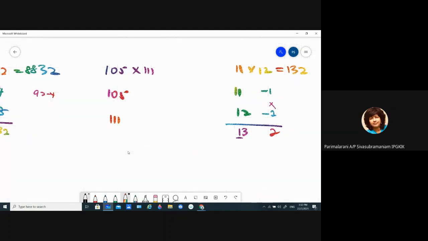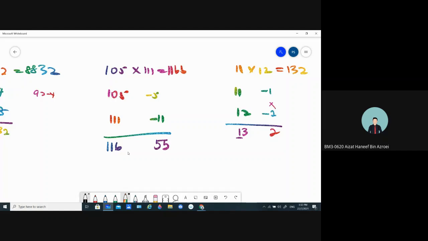Same method we're going to use for 3 digits. 105, 111. On this side, I'm going to write negative 5 and negative 11. Down here will be 116. And on this side is 55.